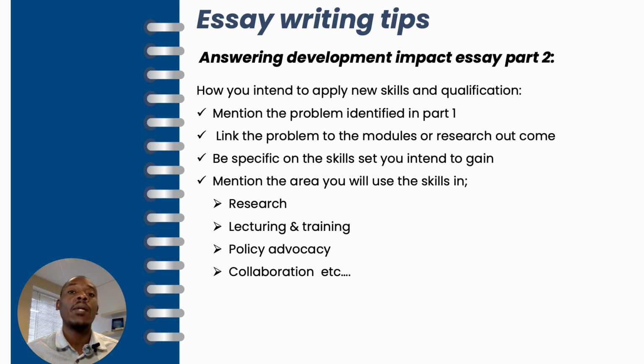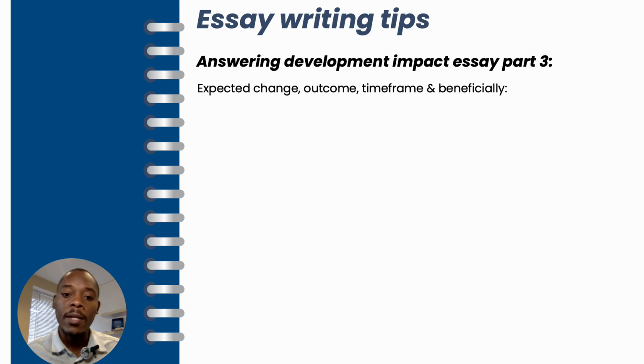Are you going to apply those skills in terms of research that is going to contribute to reducing the problem? Is it through lecturing or training others? Is it through policy advocacy? Are you going to be able to advocate for better policies that will be able to be changed and then help solve the problem? Is it related to you collaborating with others at that high level, which will bring about change? So you need to include such things as you are writing the second part of the essay.